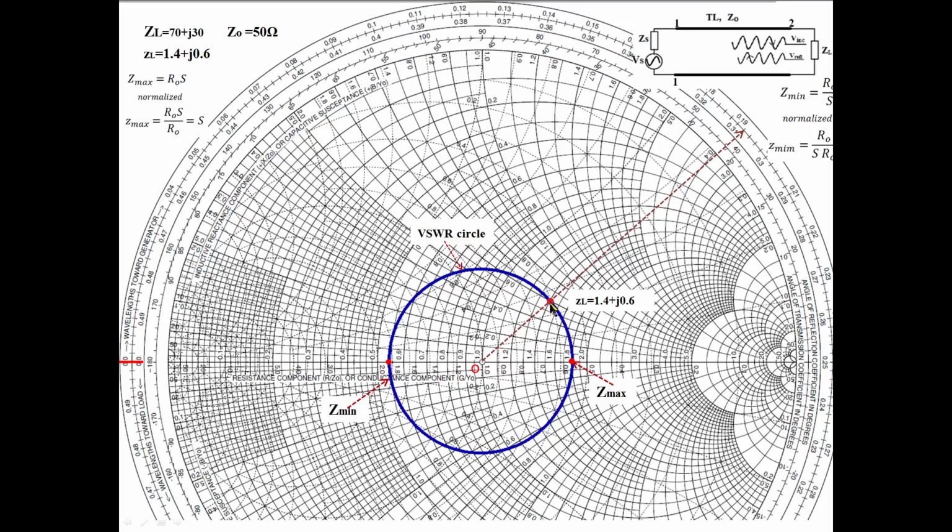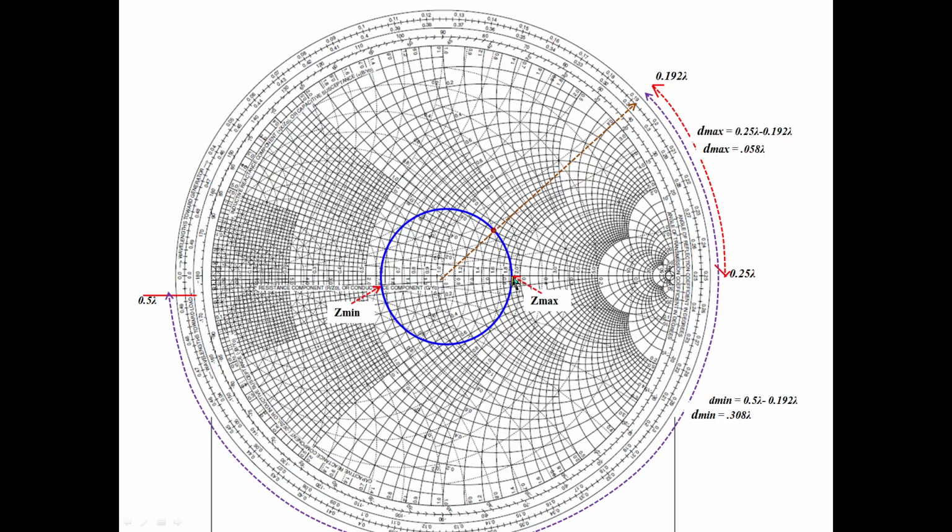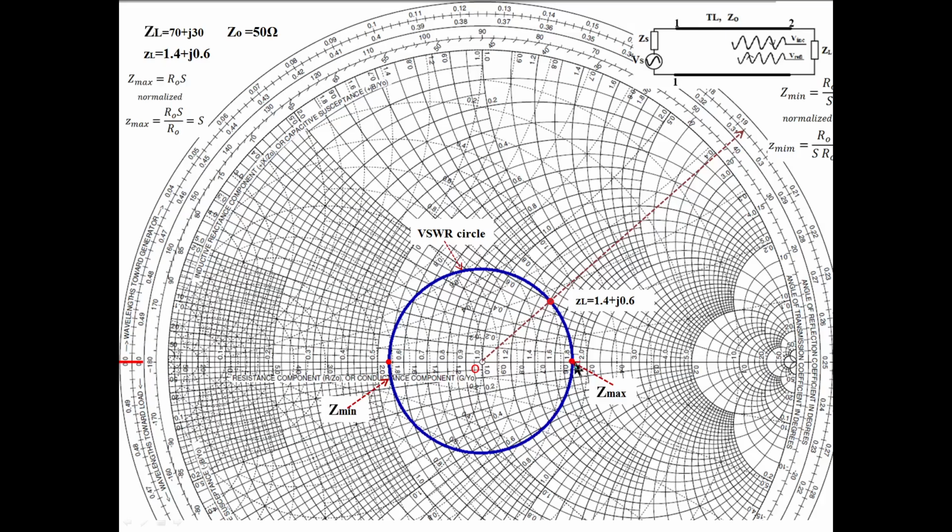Starting from the load, you draw a line up to the point I want to move to, marked here. I want to find the distance from here to here.